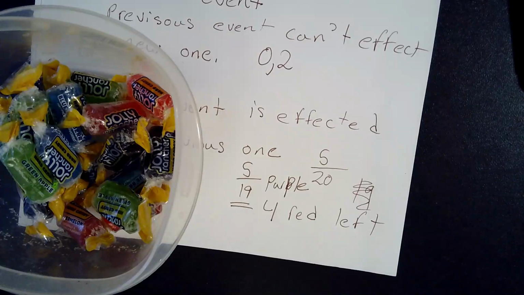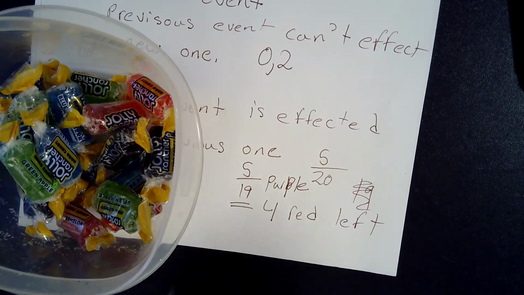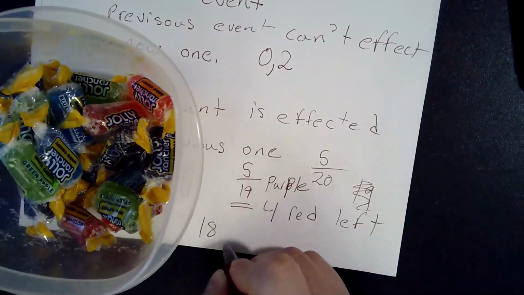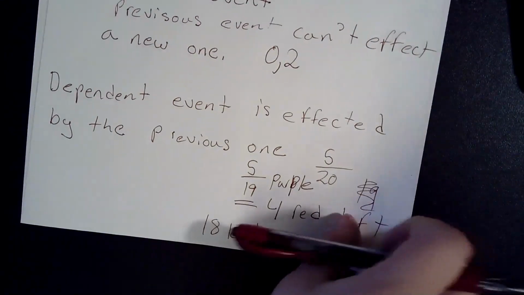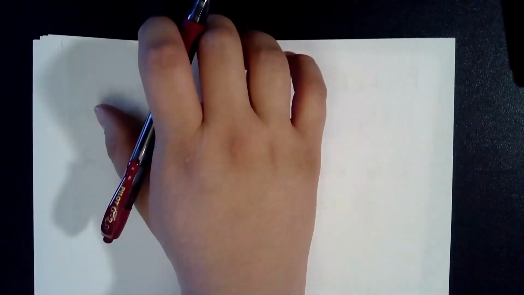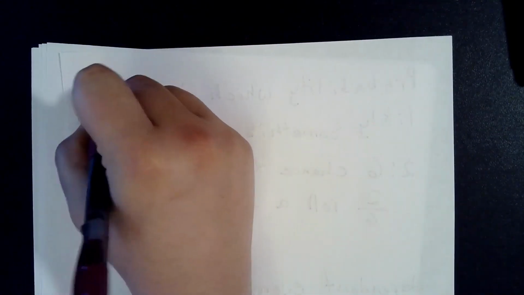So we have 18 left, right? So our new chances of picking a red one out is 4 in 18.